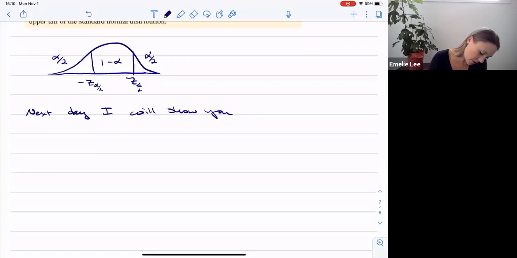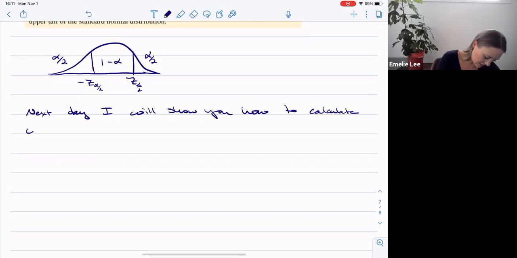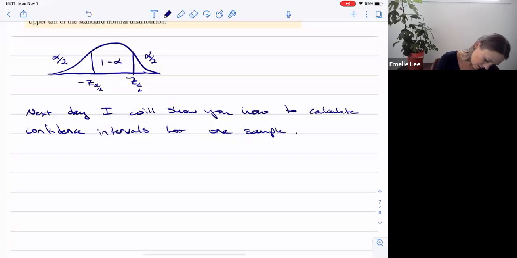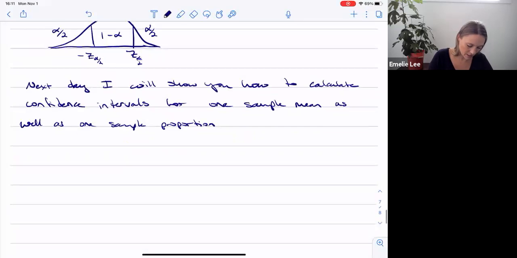So next day I will show you how to calculate confidence intervals for one sample mean as well as one sample proportion in R.